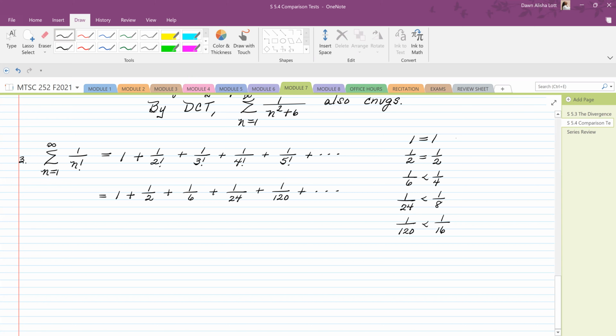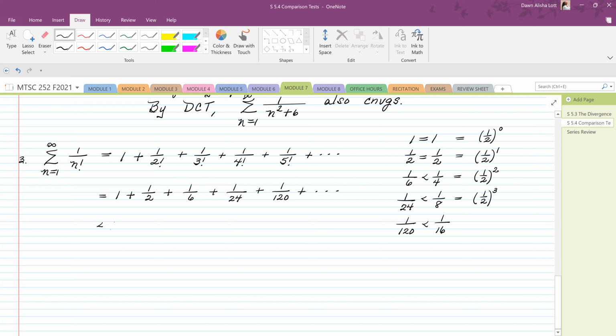So this one is simply 1/2 to the 0. This one is 1/2 to the 1. 1/4 is 1/2 squared. 1/8 is 1/2 cubed. So I can see that each one of these individual terms is less than the terms of this series.